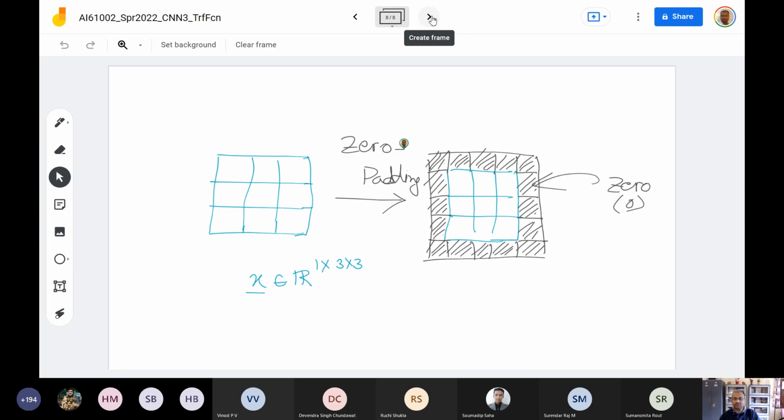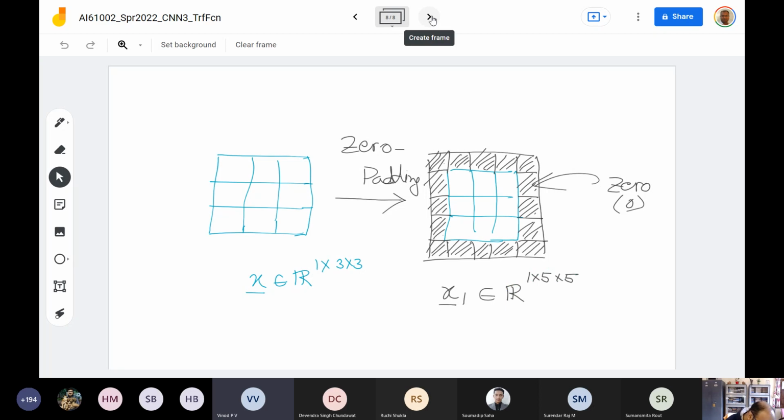Now, zero padding is not the only type of padding. You can have reflective symmetric padding or anything as well. What this would make is a modified version of X, which I call X1, which now is 1 cross 5 cross 5.